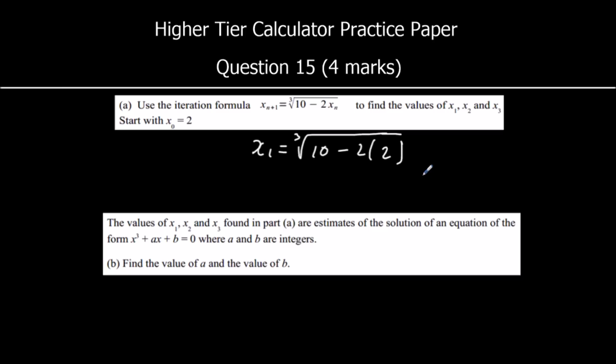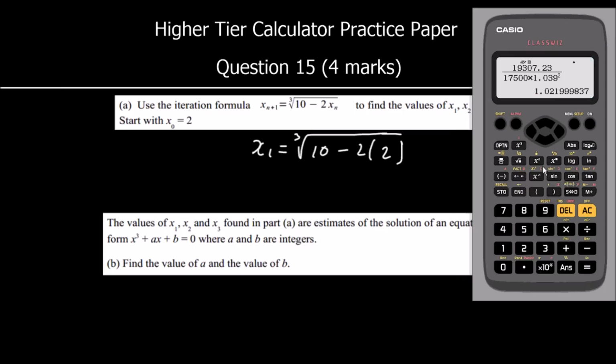So we can just type that into the calculator to find x1. We can even write 2, press equals, so we can use our ANS button. So we've got the cube root of 10 minus 2 times the answer, which is 2. Press equals, and we get x1, 1.8171.